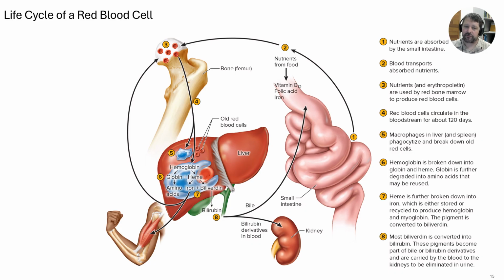Globin becomes amino acids, heme becomes biliverdin and bilirubin, and that can be processed as bile back into the intestines to help with digestion. Sometimes bilirubin is pushed out in the blood as a waste product. So lots of things going on here, but it's a cyclic system, pretty useful and obviously needed for life.